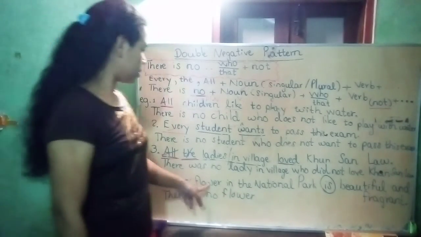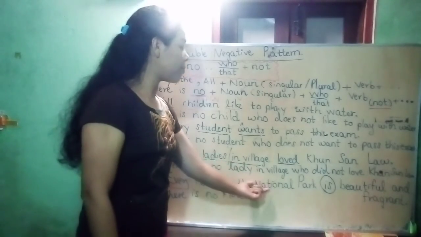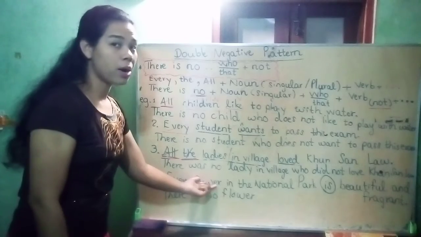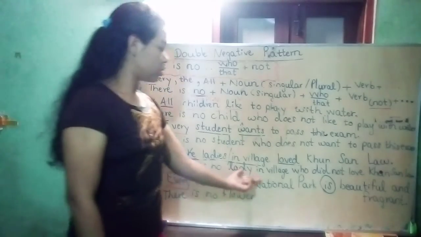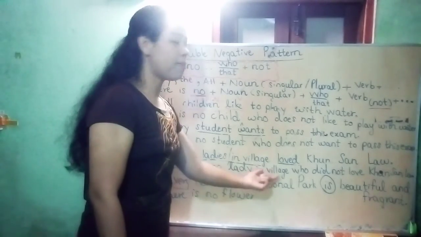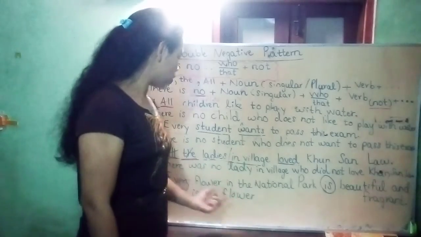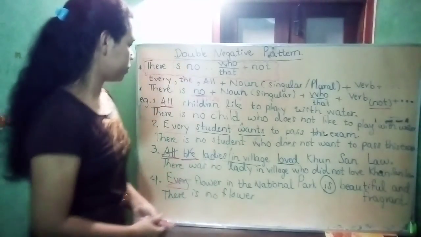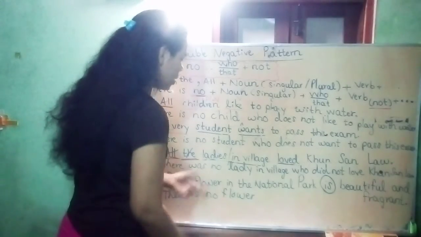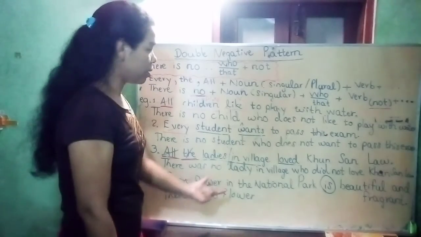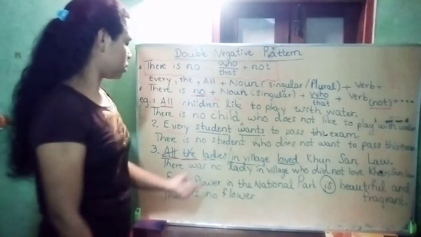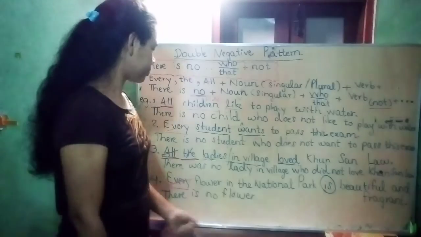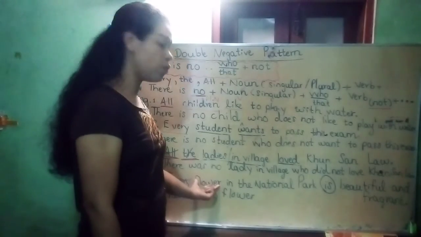And then flower in the national park. In the national park is an adjective phrase which modifies flower. So in the national park must be placed adjacently to flower, closely to flower.